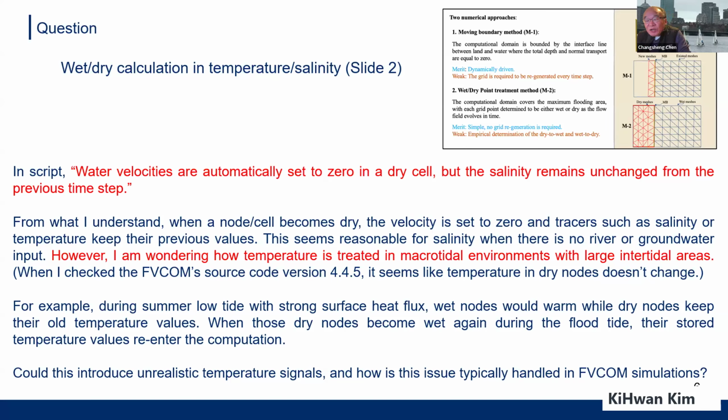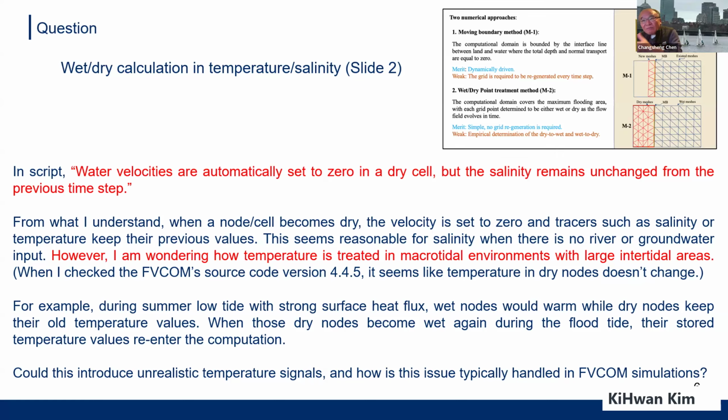That's why, if you really want to compare the temperature and salinity in the wet-dry model, you have to change the code. Like I said, you have to include the physical mechanism of sediment temperature change on the dry land. You have to assume the dry land is not fully dry like a solid, but more like wetland.